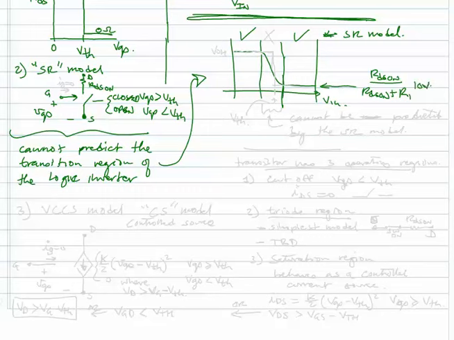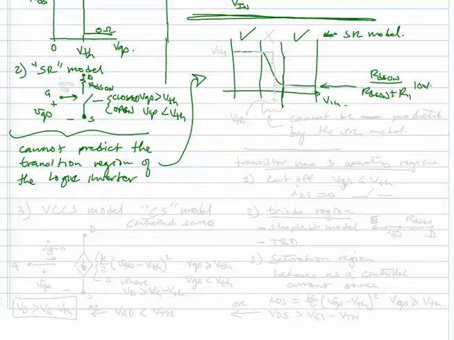But right here, this transition cannot be modeled or cannot be predicted by the SR model. The SR model would say that you are actually up at some VO high level all the way up until you hit your threshold, and then you go straight down, right? And this value here would be the threshold voltage, and that's not how the transistor actually works.